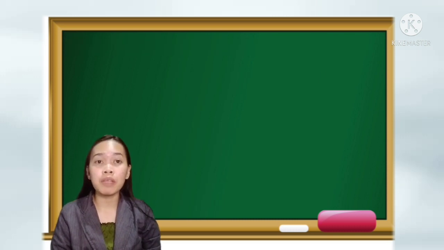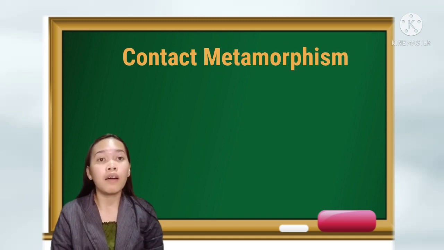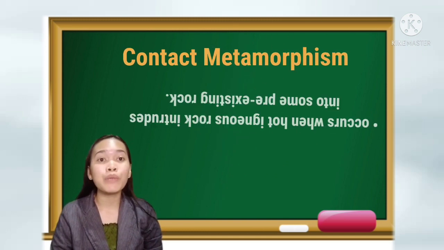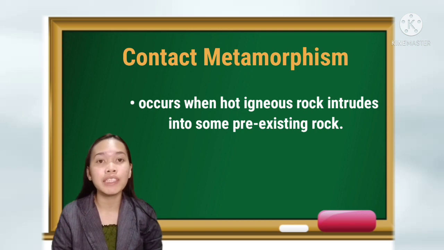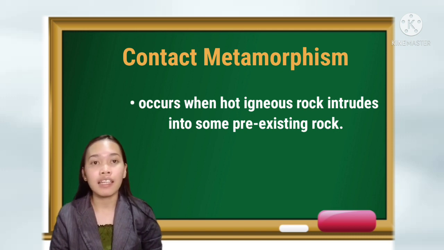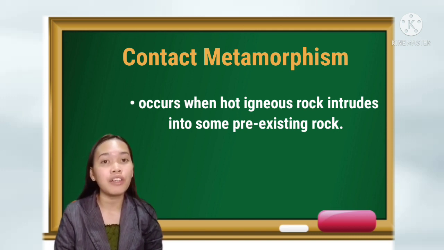Another type of metamorphism is contact metamorphism. It occurs when hot igneous rock intrudes into some pre-existing rock. The pre-existing rock is essentially baked by the heat, changing the mineral structure of the rock without addition of pressure.